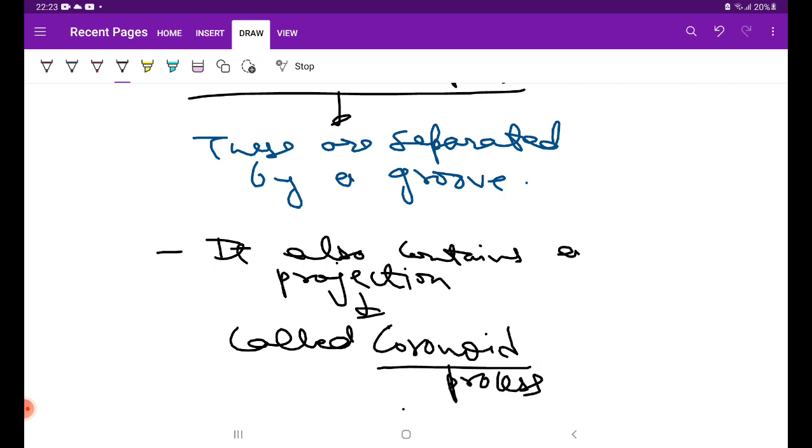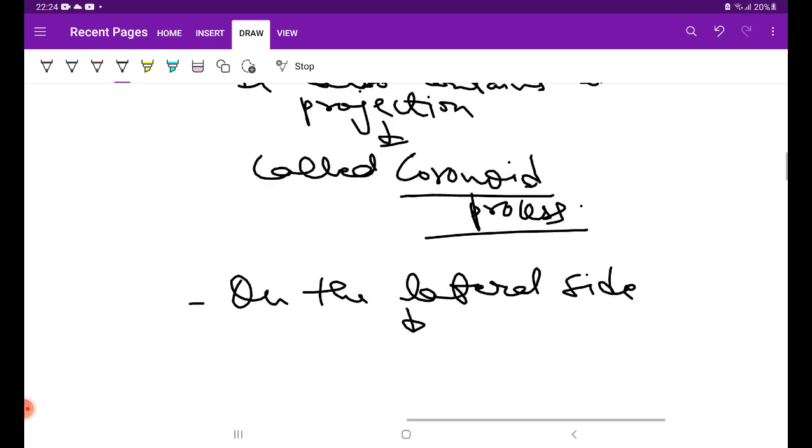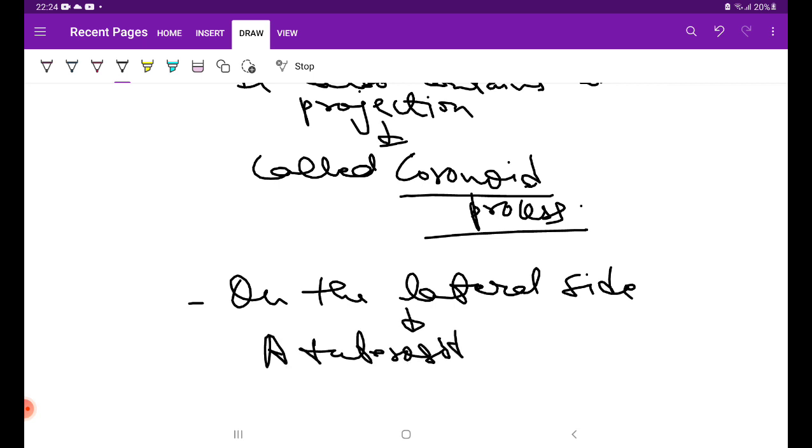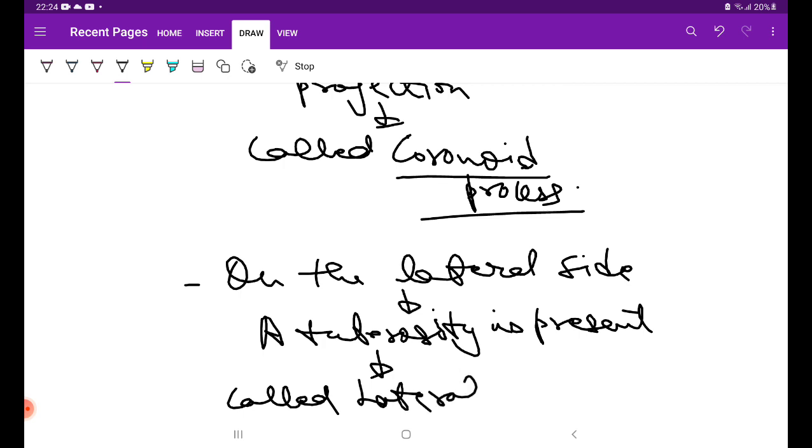And next, on the lateral side of this proximal extremity, a tuberosity is present, which is called lateral tuberosity. So this is all about the proximal end.